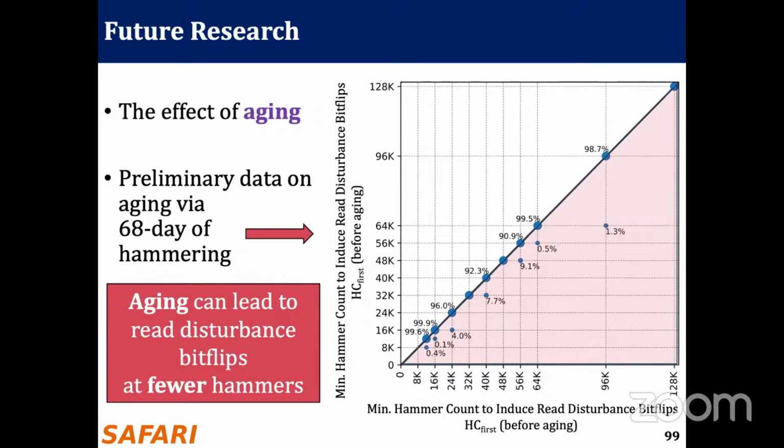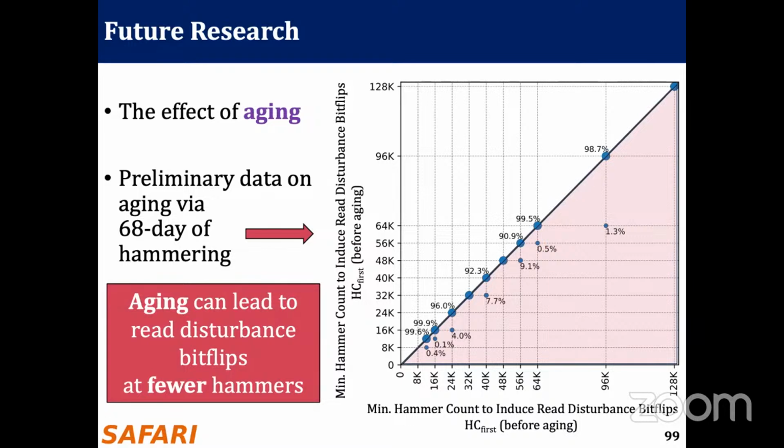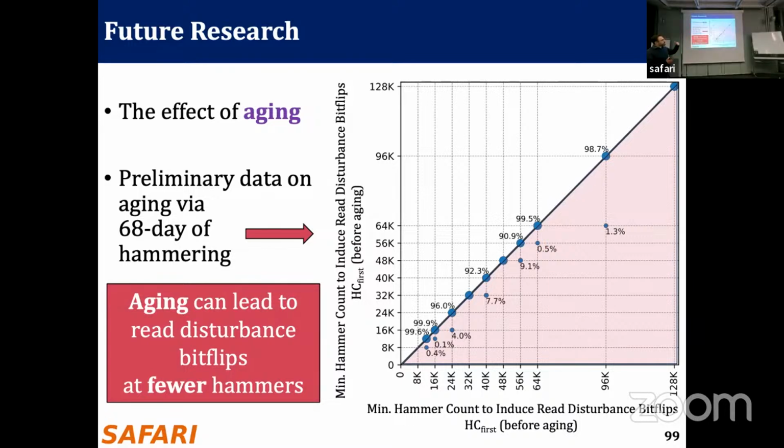Okay, so for the reduction, do they appear on the same row? Yes. This is a bubble plot actually, that I forgot to tell. The size of the circles shows the population of DRAM rows in that region. If you look at, say, 96K on the x-axis, 1.3 plus 98.7 sum up to 100%.